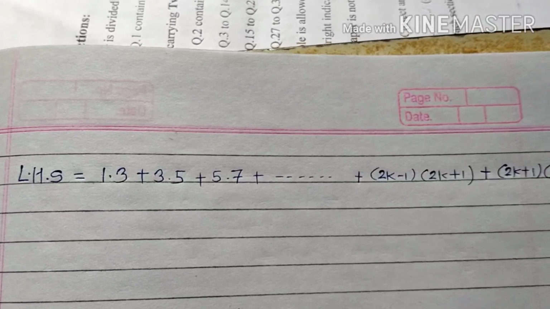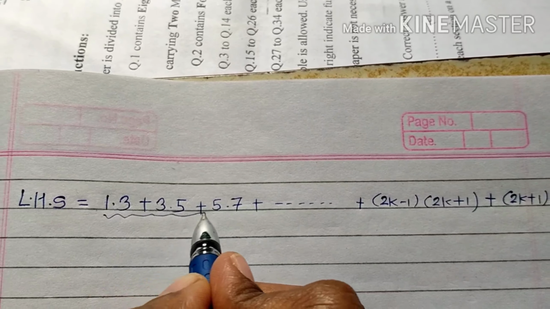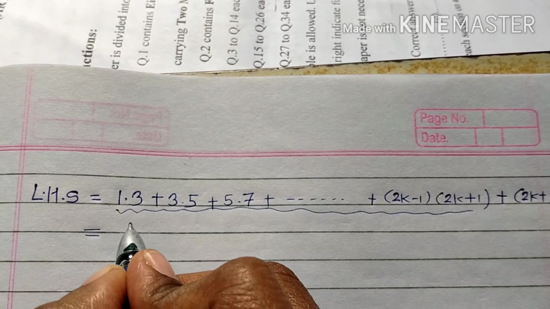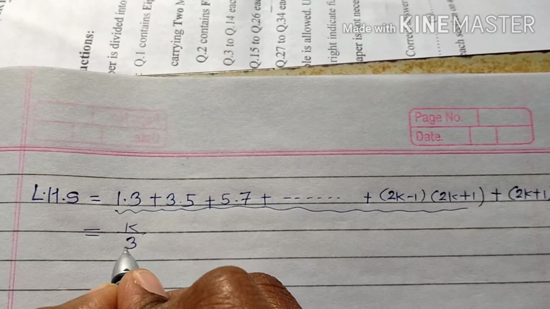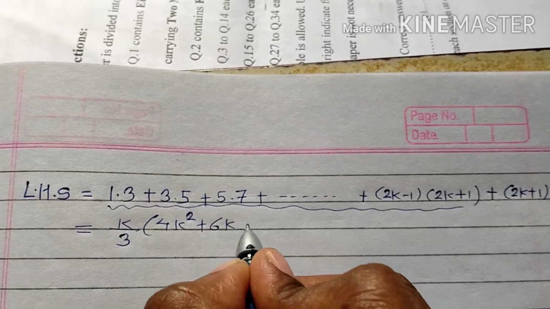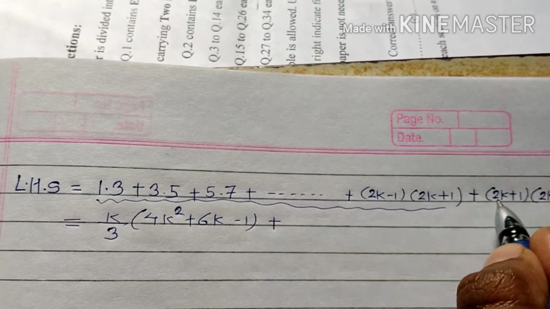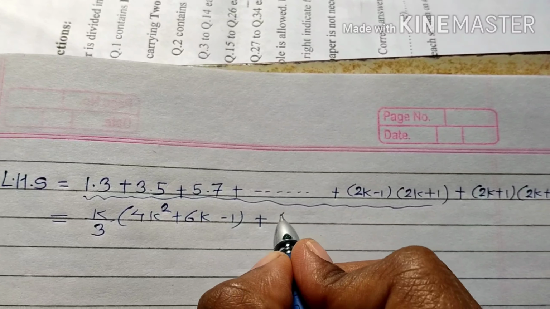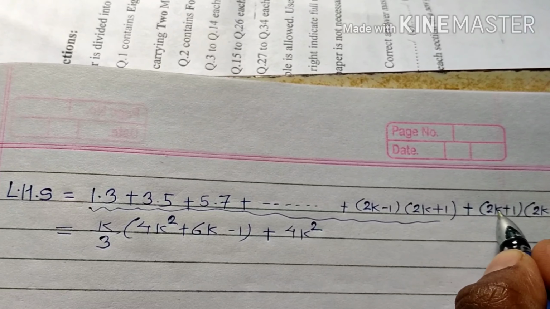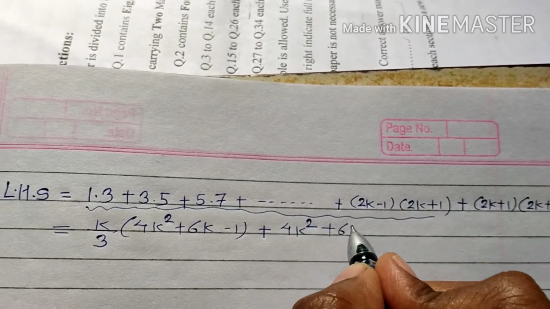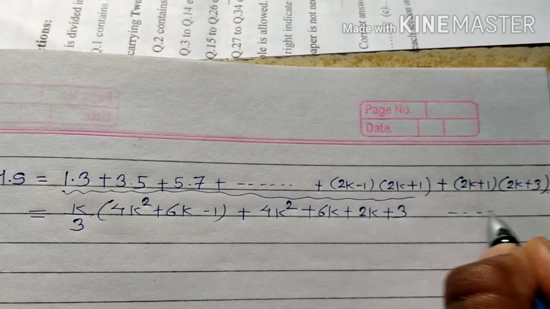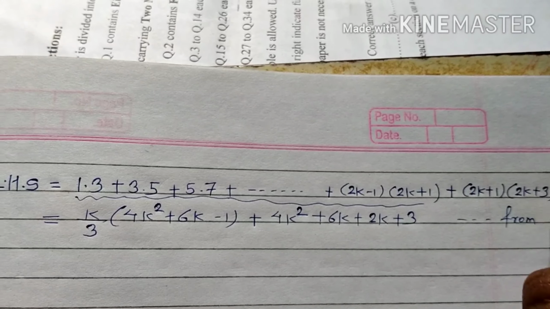Okay, so you can observe from step first, it is k upon 3, 4k square plus 6k minus 1, and plus we take the multiplication of this, so it is 4k square plus 6k plus 2k plus 3, and write here from first.